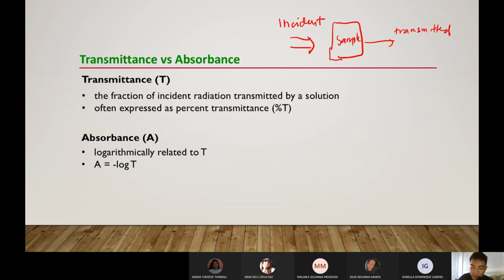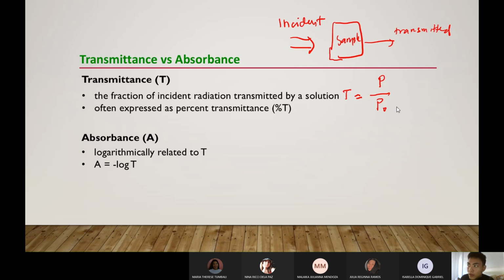If you get the ratio of the transmitted and the incident, you will get the transmittance. You can multiply it by 100 to get the percent transmittance. The higher the transmittance is, it means you have little sample, because almost all the light passed through.